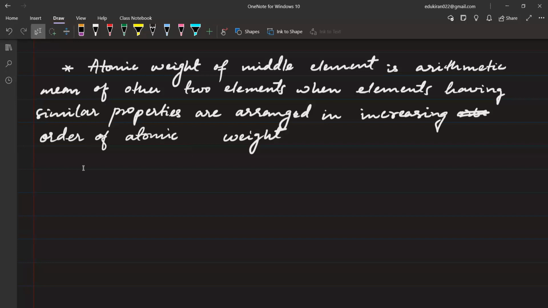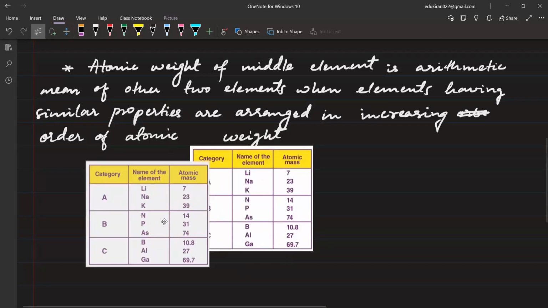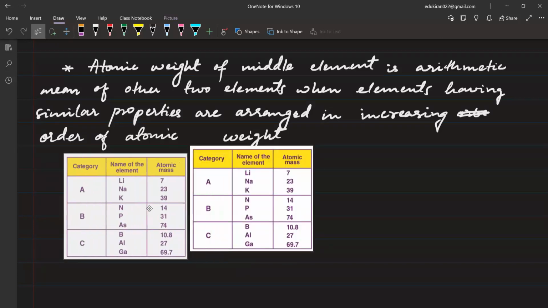Now he didn't even need to check the property. He started taking the weights of different elements, taking their mean, and checking whether any element is present with a similar weight. So his observation gave him at least these three categories.